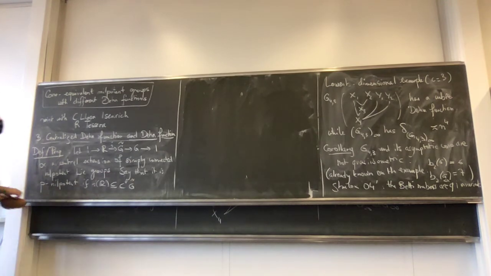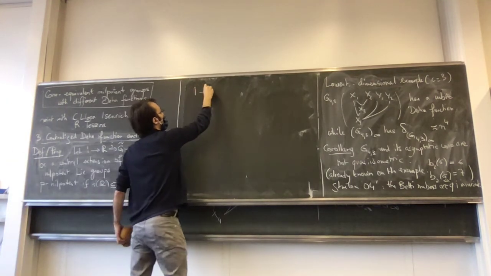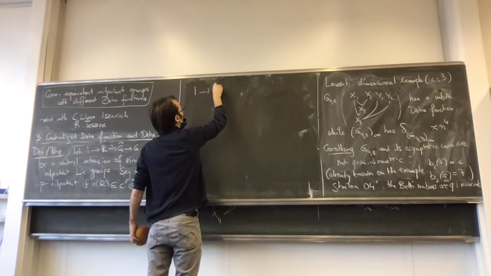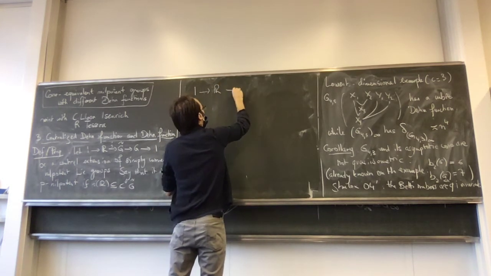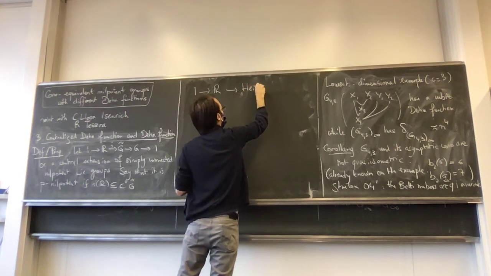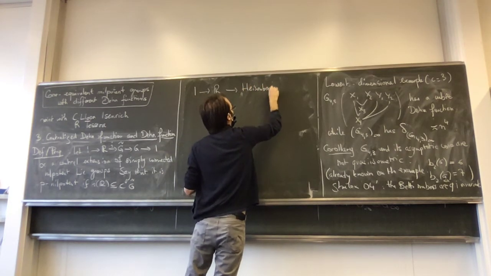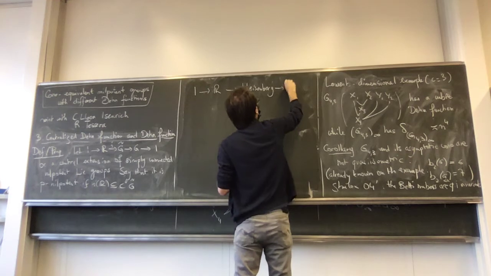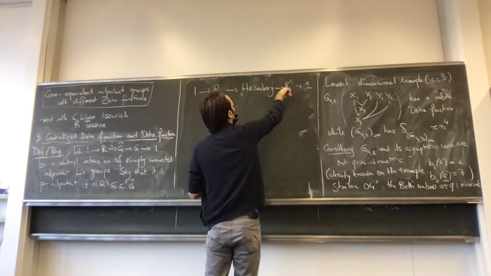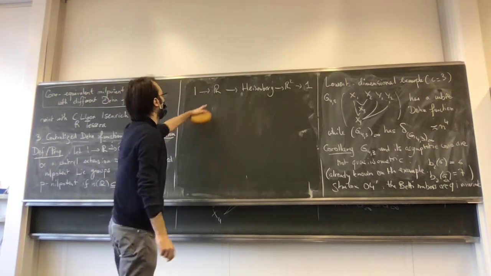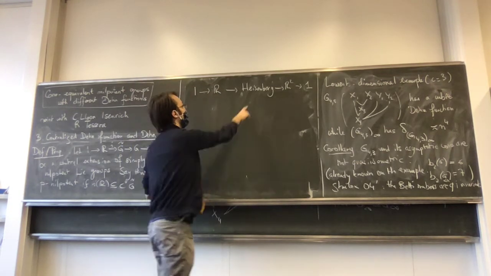Okay, so I will give one example. For instance, if you take the Heisenberg group, and you go to R^2, and you go to 1, where this is the abelianization. Actually, you take the Z component goes to the Heisenberg group.